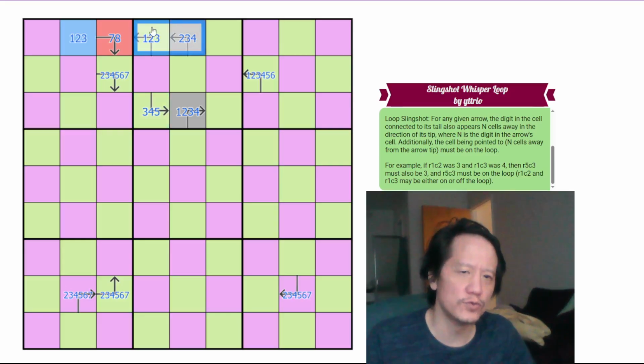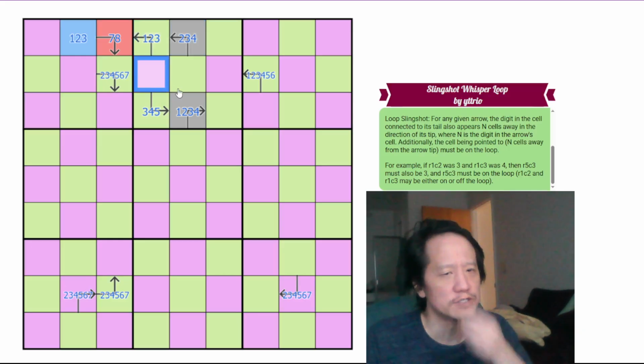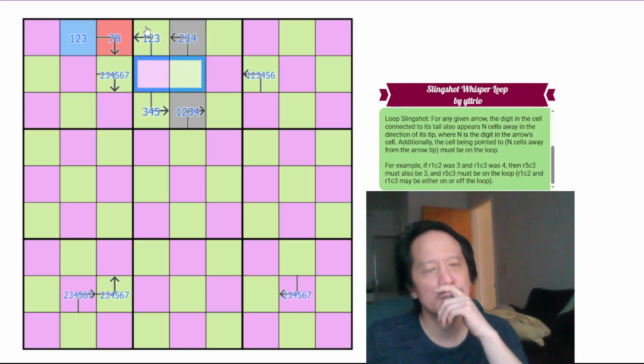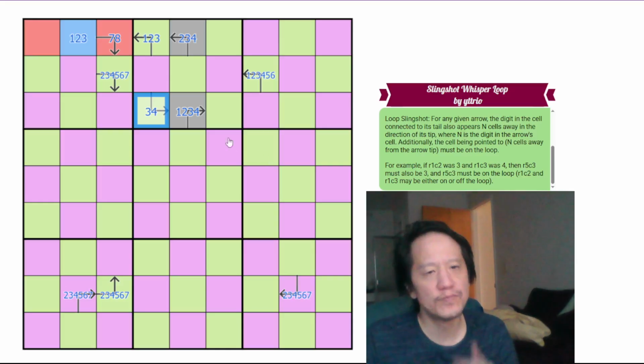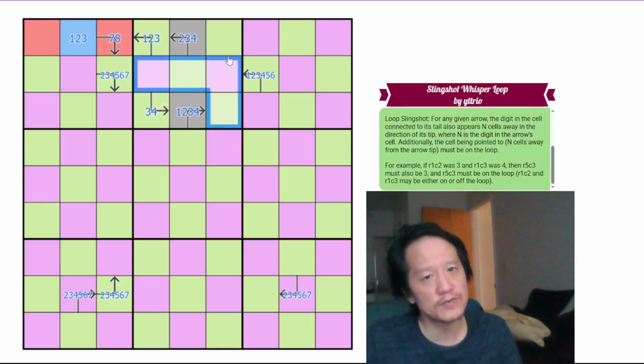Then these two must point to 2 high digits. So both of these would then be on the loop. So if this is not 5, this has to be a 5, 6, 7, 8, 9 triplet here.